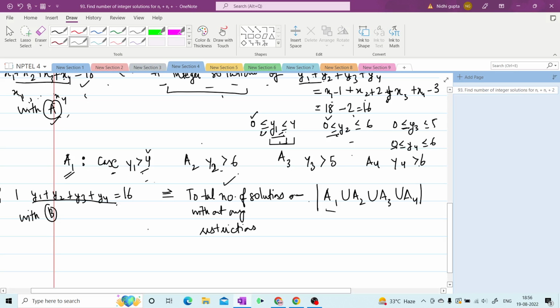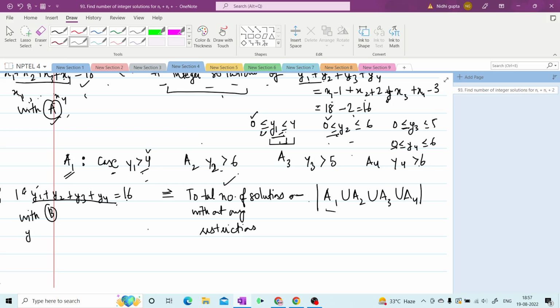So we have to find the integer solutions of the equation y1 plus y2 plus y3 plus y4 is equal to 16, and we have these ranges for each of y1, y2, y3, y4. So first we look at all the solutions, that is, when we have no restrictions.